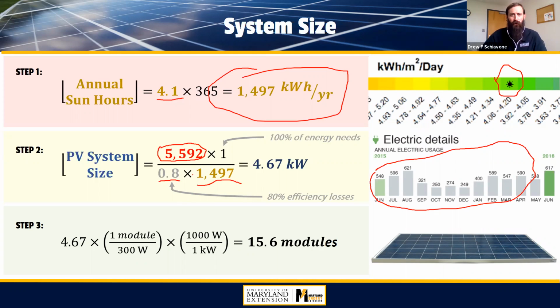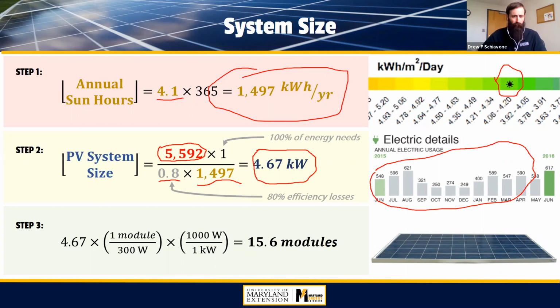So run those numbers. And in this case, assuming I've done the math right, your output is a 4.67 kilowatt solar PV system. If I'm supplying 100% of that energy need that I got from the bill, then I would design a system that's 4.67 kilowatt, and that's a power rating.